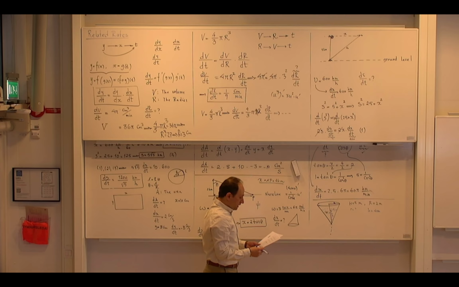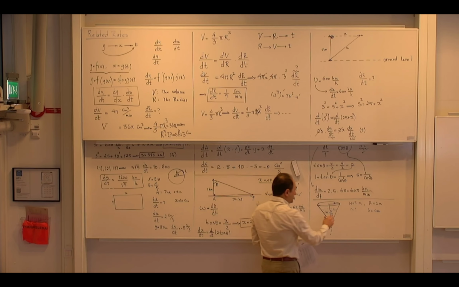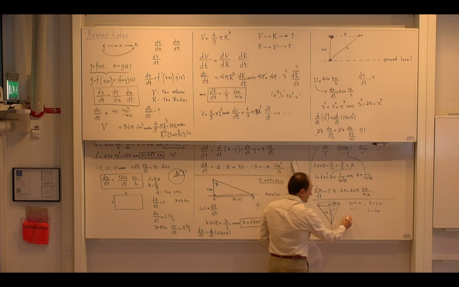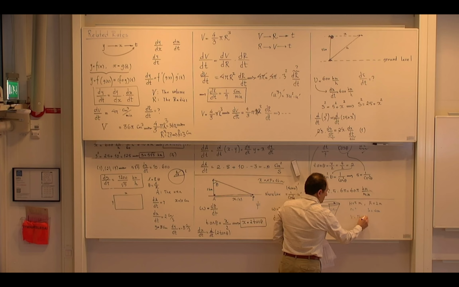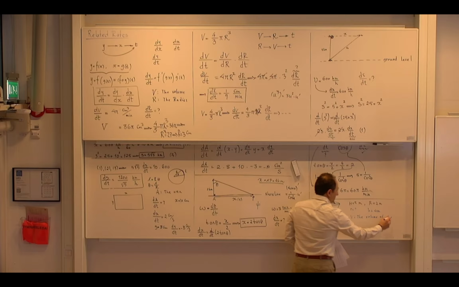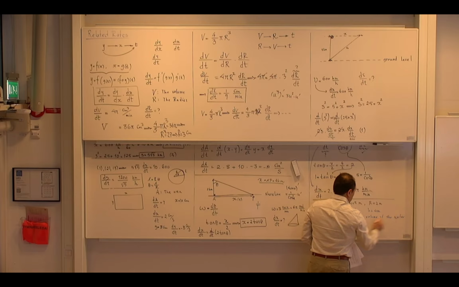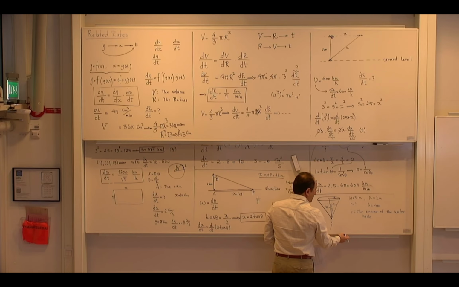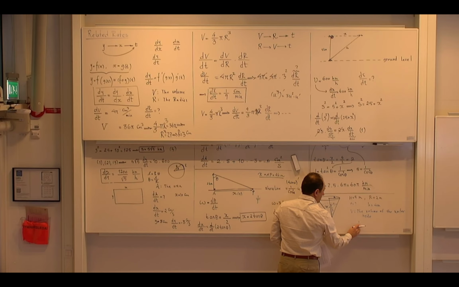And we know how fast the water is leaking out. If I consider V the volume of the water inside, according to the problem the leaking rate is 1 over 12 cubic meters per minute. So the rate at which this volume of water is changing is this much.